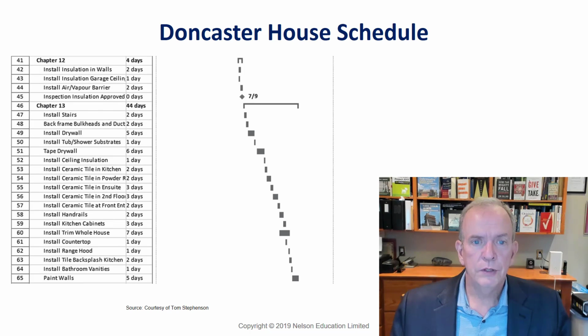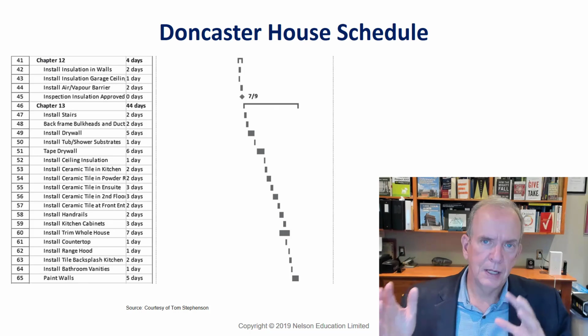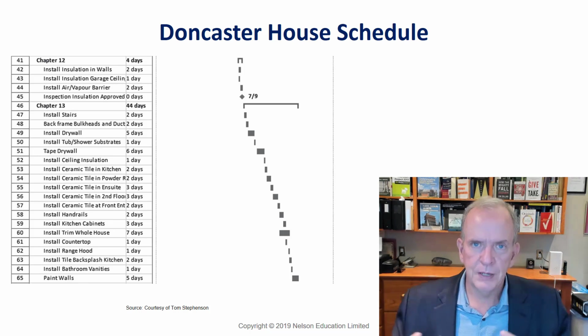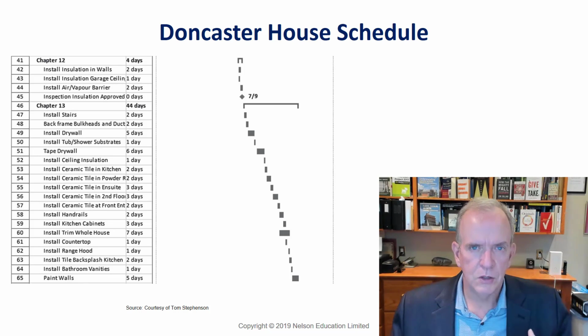Chapter 12 is the envelope, and that's what separates inside from outside. So not only the cladding materials, but the insulation materials. We have air barriers, vapor barriers, weather barriers. We have this terminology that we have to get used to, and what does it mean and how does it work?